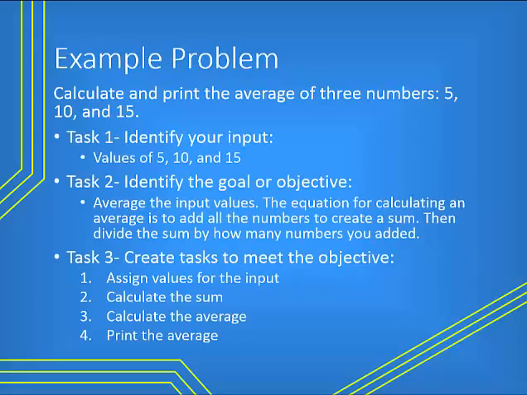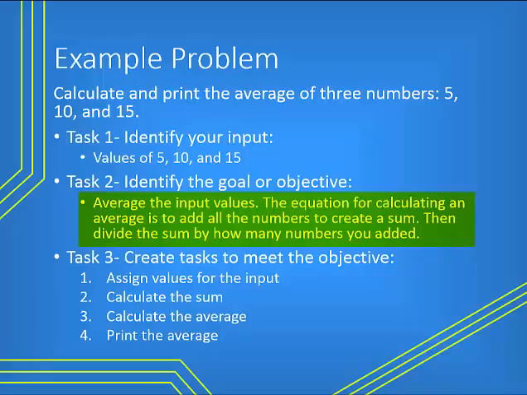Here we have an example problem. What if we were asked to calculate and print the average of 3 numbers, 5, 10, and 15? Task 1, identify your input. Our input is the values 5, 10, and 15. Task 2, identify the goal or objective. We need to average the input values.